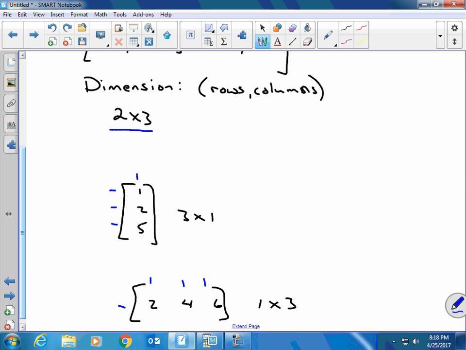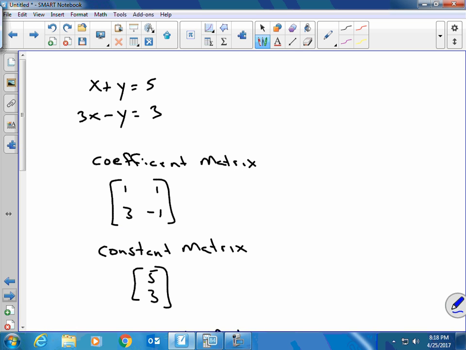So a matrix is named sometimes by a letter, but a lot of times you'll talk about the matrix based upon its dimensions. Rows by columns. All right. Now let's look at how I use this matrix to solve a system of equations.